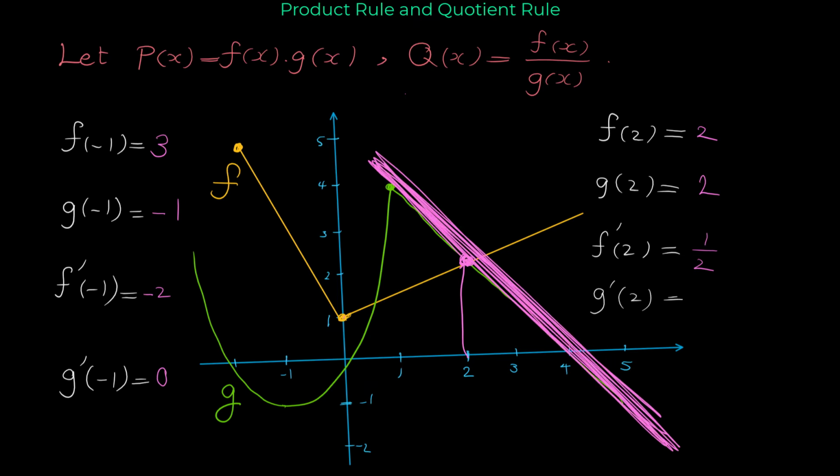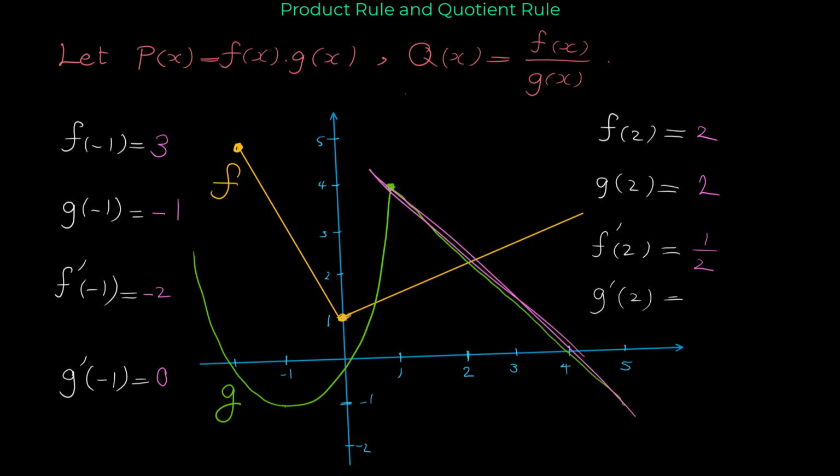Point 2 lies on this line, so we have to find a slope of this line. And again, we have to use the rise over run. You can choose any 2 points on this line. I prefer to choose, for example, this point here, because I know the coordinate of this point.